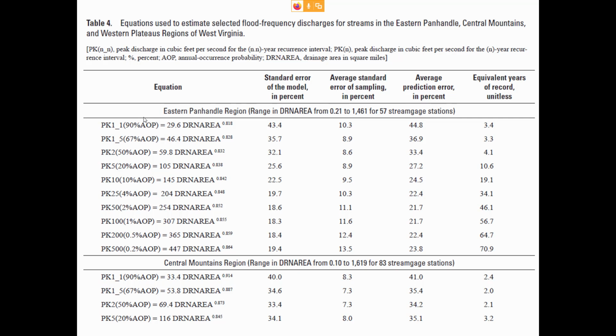But still, it's not taking into account whether the watershed has rock, how much clay there is, or whether it has lakes and a lot of streams, where the curve number would be higher if you have open water. So it's only taking into account the size of the watershed, and it's assuming that within each region all the watersheds are the same. And so that's why we see so much prediction error.